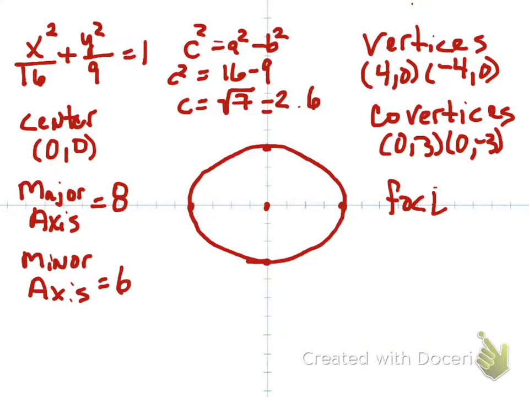I'm not going to ask you to give me the simplified radical; I'd rather have the decimal. 2.6 is about right there and right there, to the left and to the right. So your answer would be 2.6, 0 and negative 2.6, 0 for your foci. Those points have some meaning to how you could draw the ellipse by hand, but we're not going to worry about that right now. That's something maybe for geometry.